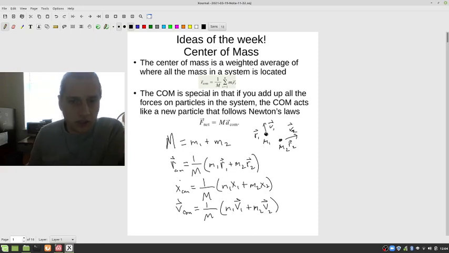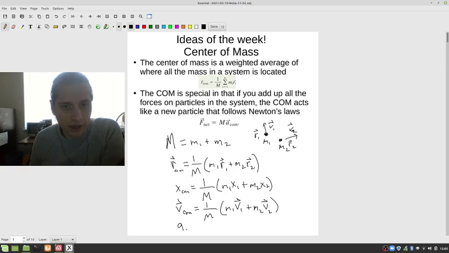And you can see that this is true because all I'm doing is taking the time derivative of both sides. The derivative of the position is our velocity. The derivative of velocity is going to be acceleration.